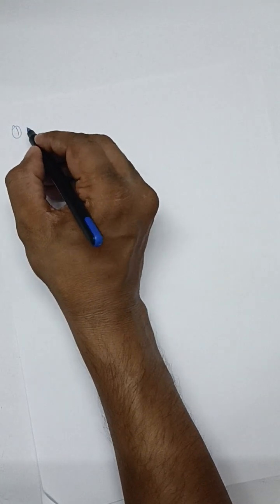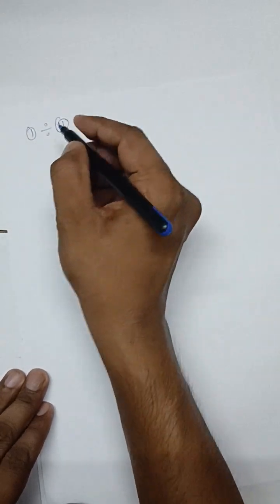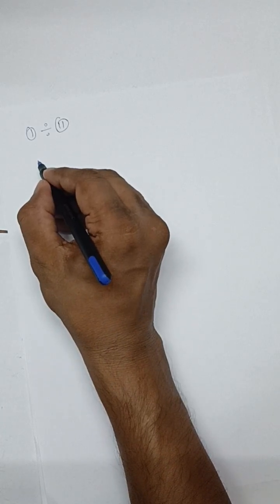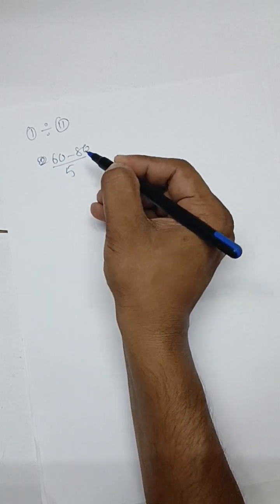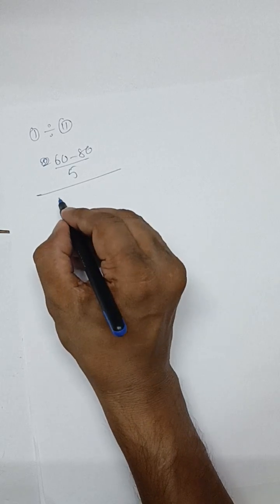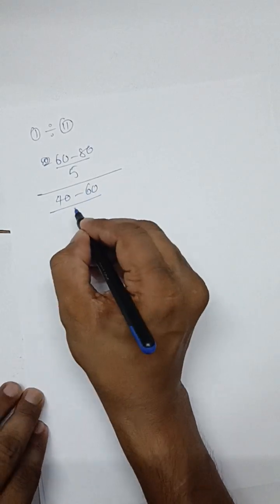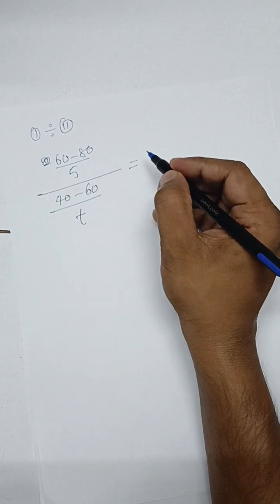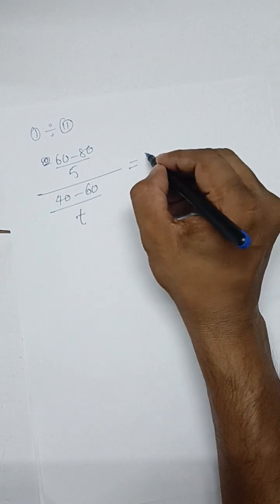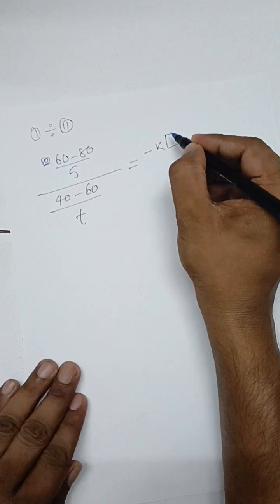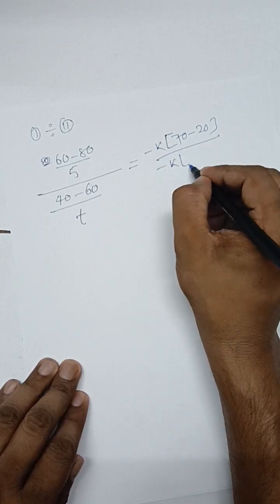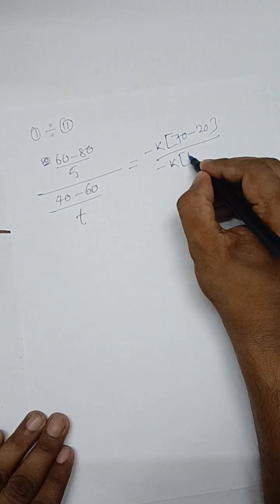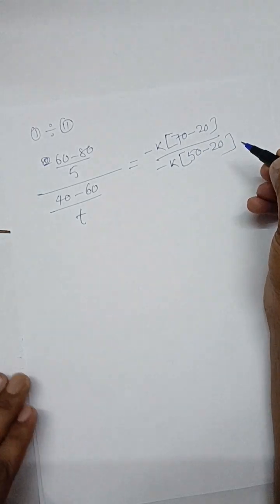Dividing equation 1 by equation 2: (60 minus 80) by 5 divided by (40 minus 60) by t equals minus K times (70 minus 20) divided by minus K times (50 minus 20).